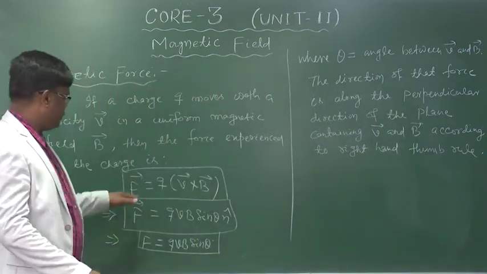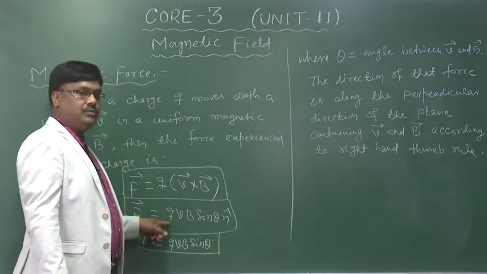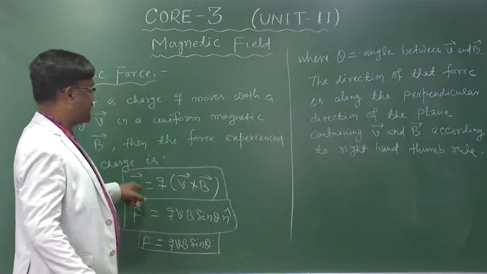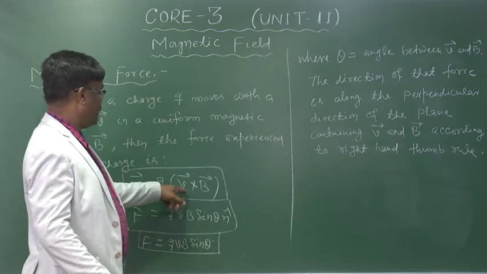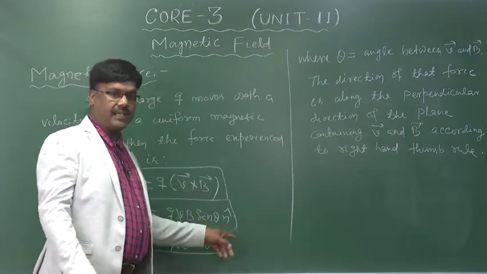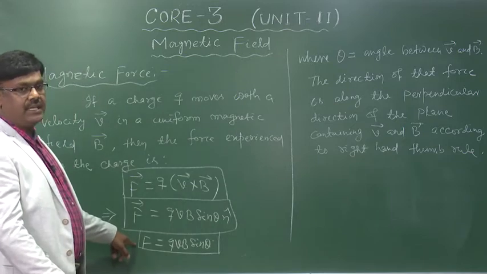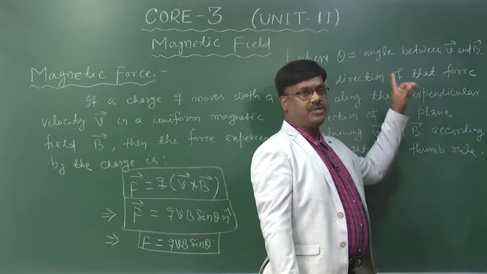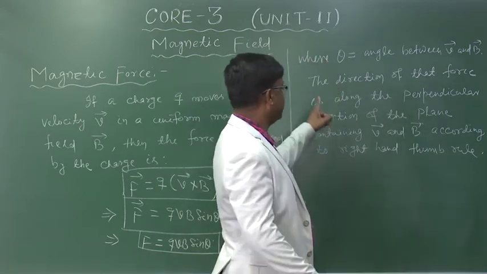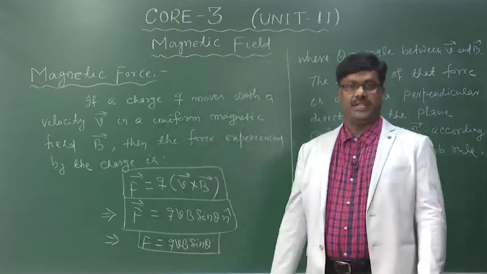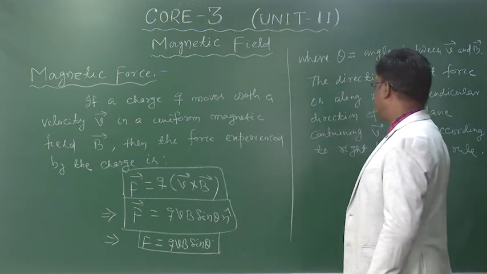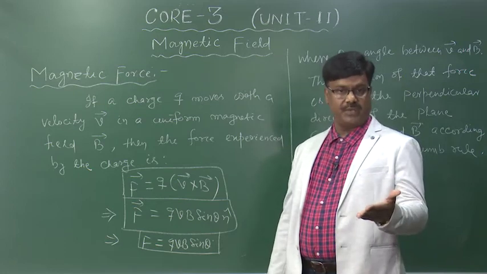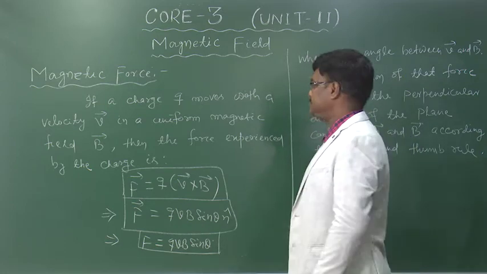Now we came to know that if a charged particle Q moves with a velocity v in a magnetic field B, then the force experienced by the charged particle is QV cross B, that is QVB sin theta n cap, and the magnitude of the force is QVB sin theta, where theta is the angle between V vector and B vector, and the direction of that force is perpendicular to the plane containing the two vectors V vector and B vector.